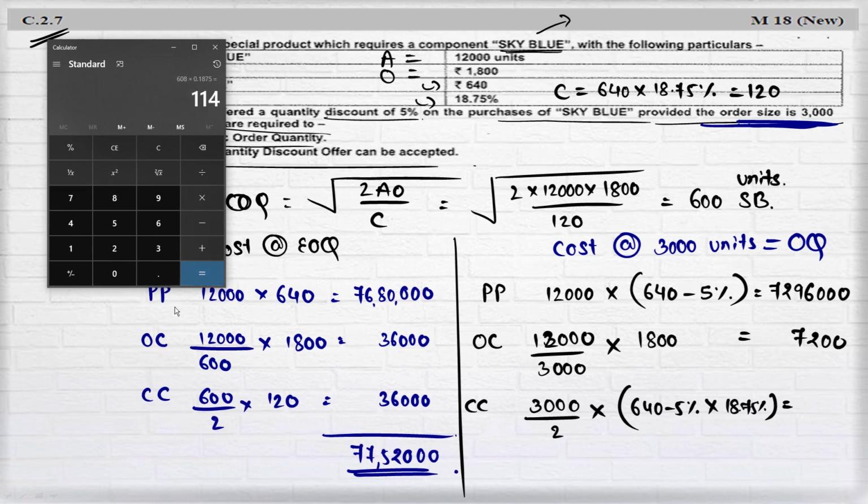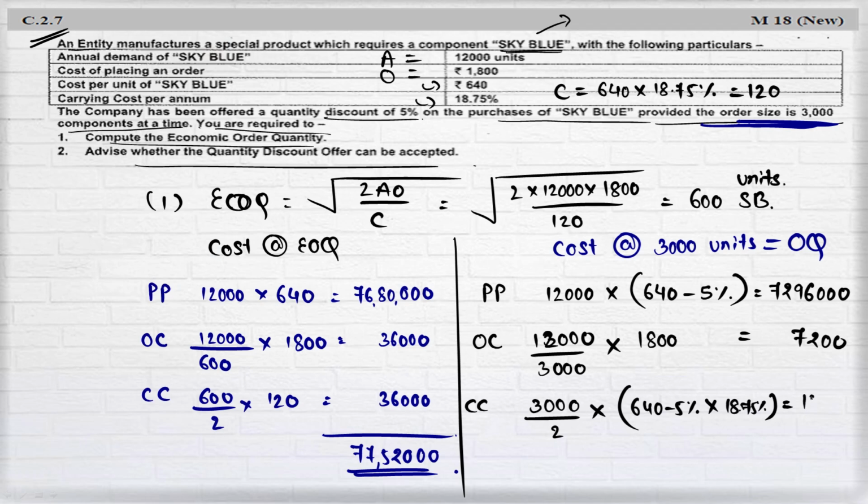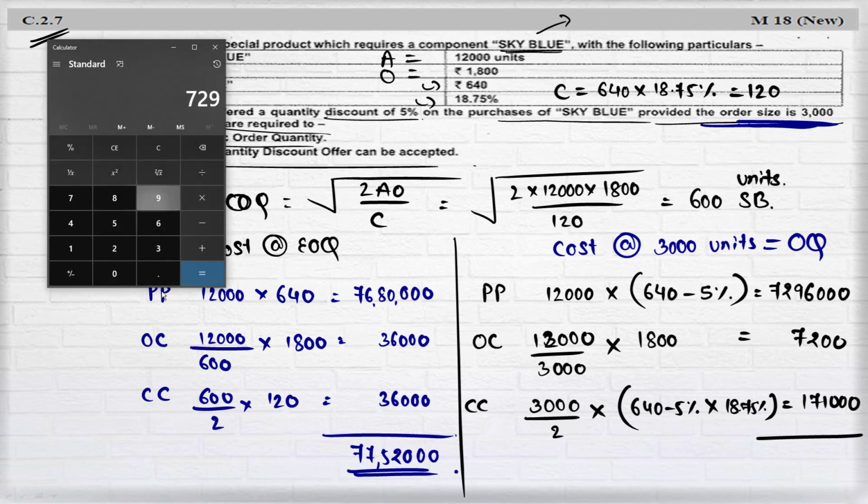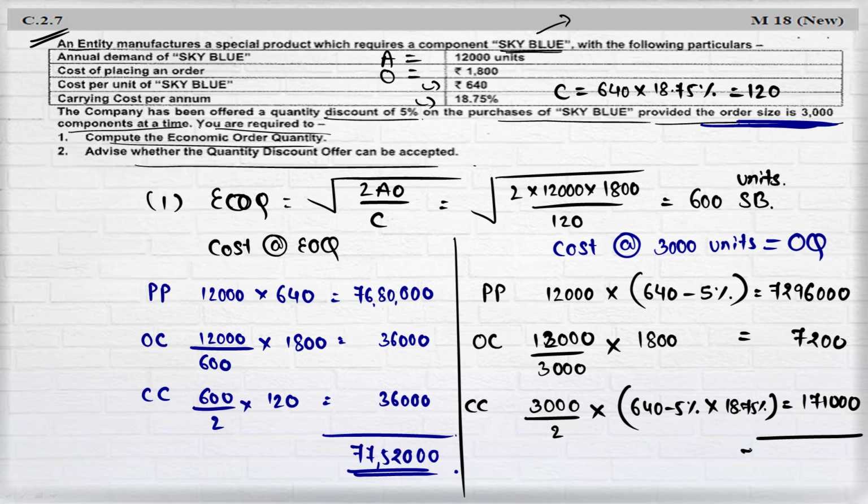This is my C, multiplied by 3,000 divided by 2. This is 1,71,000. It is coming so much bigger. So 72 lakh 96,000 plus 7,200 plus 1,71,000 is 74 lakh 74,200.